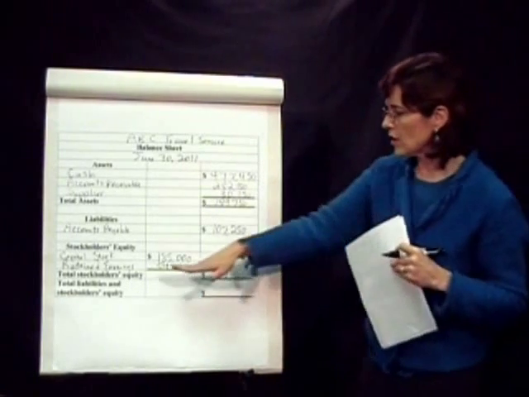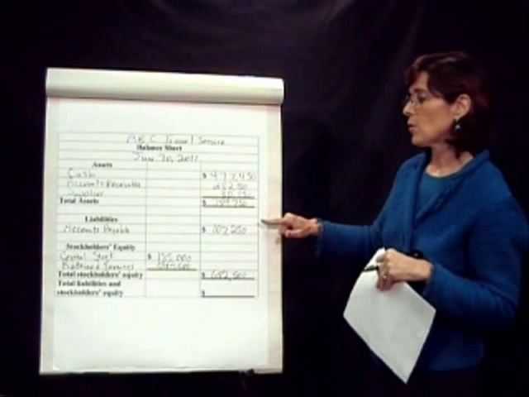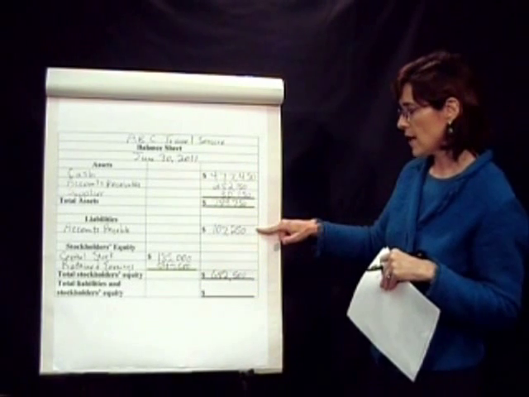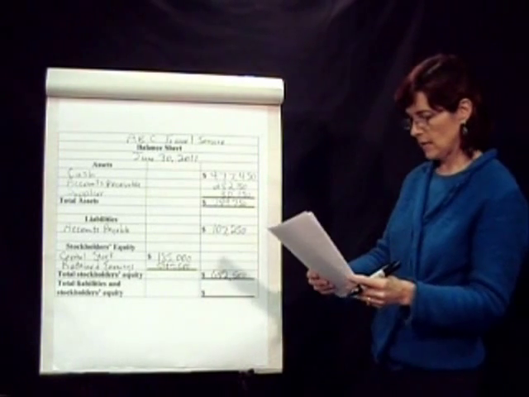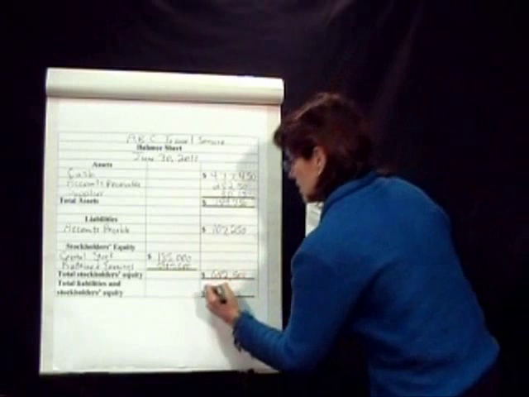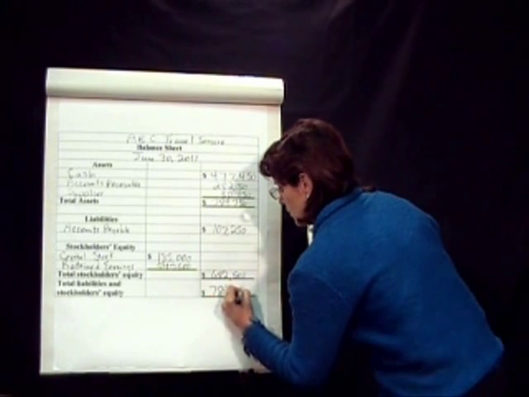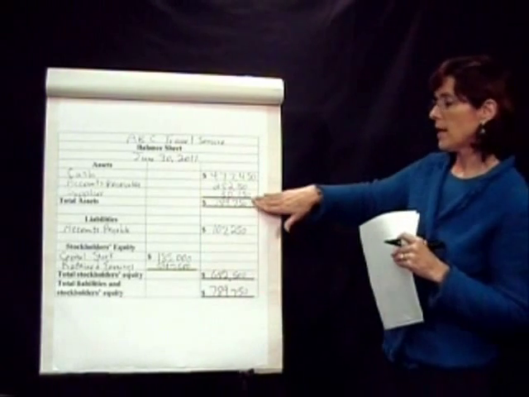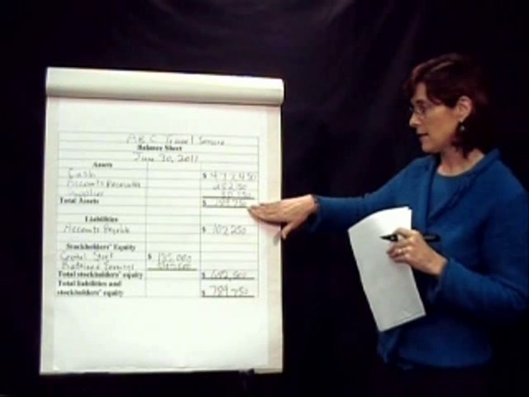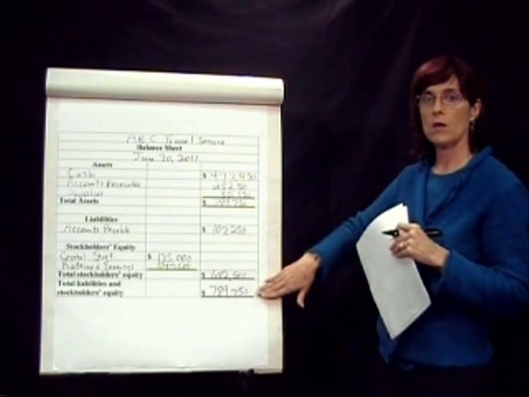Okay, going on down the page, the last thing here on the balance sheet says total liabilities and stockholders' equity. So we're going to add our liabilities of $107,250 plus our stockholders' equity of $682,500 to give us $789,750. Now, when we get this amount, we want to check and make sure that our assets are the same. If they're not in balance, there's something wrong.